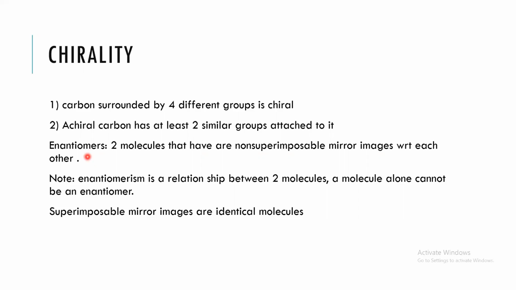And actually, I need to point this out. I can say about a molecule on its own that it is chiral or achiral, because whether it has this carbon or not depends on the molecule itself. However, enantiomerism, or being an enantiomer, is not dependent on one molecule, so I cannot go and say the carbon I have is an enantiomer.